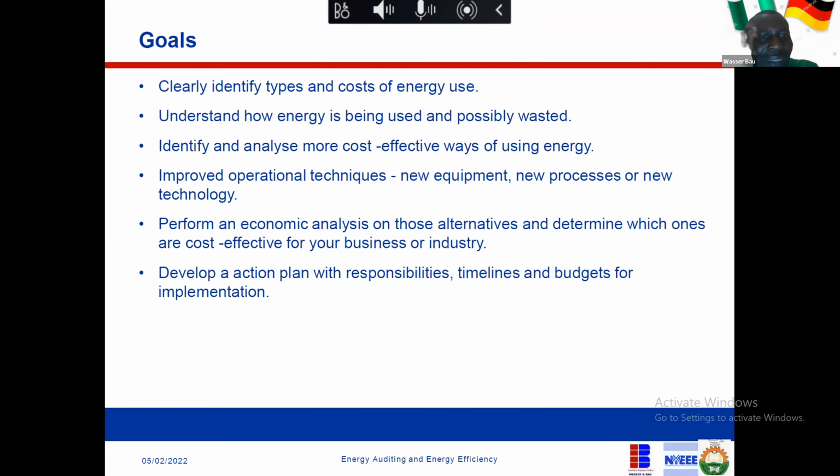Okay, so your next goal is to improve operational technique. So now it's not about the equipment. It's also how it is being operated. I know of factories and industries, they'll leave a conveyor running for hours when there's no production. And maybe there's no variable speed drive mechanism to make sure that when there's no production, the thing will run slowly or any other thing.